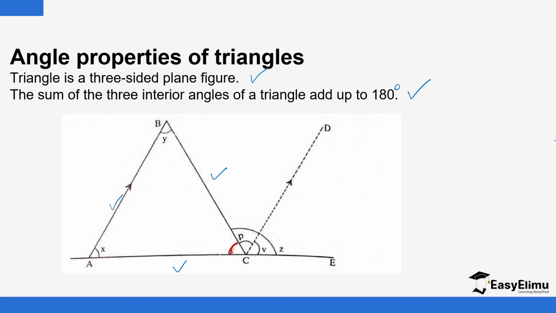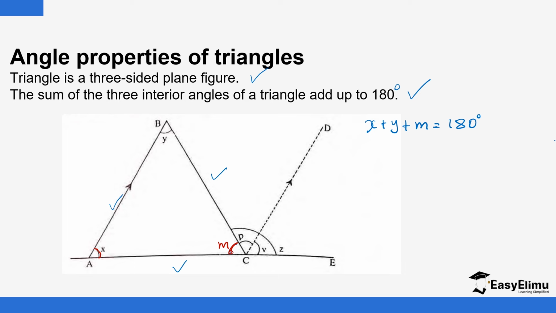We have this one here, we have this, and we have that. Let me call them X, Y, and maybe M. Then you'll say X plus Y plus M should be equal to 180 degrees.